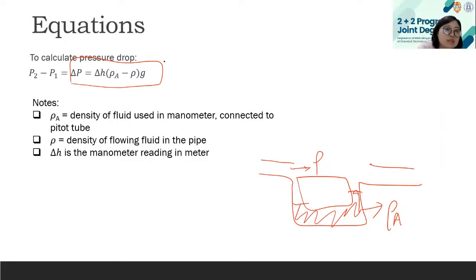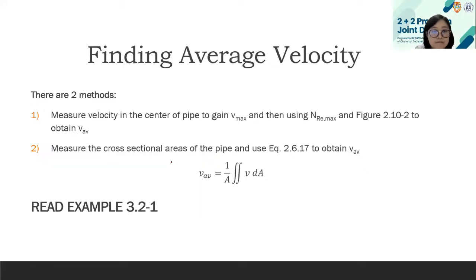Delta H is the manometer reading in meters. Sometimes it's in centimeters or millimeters, but you have to convert it to meters first, use SI. Then you can get the pressure drop.